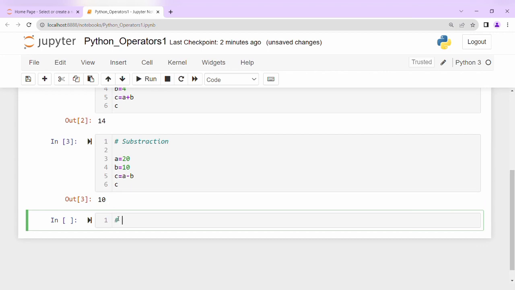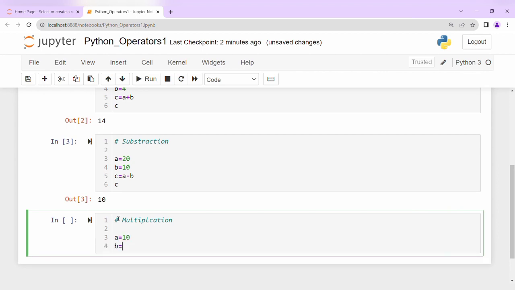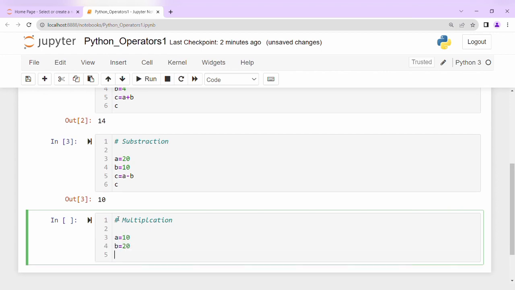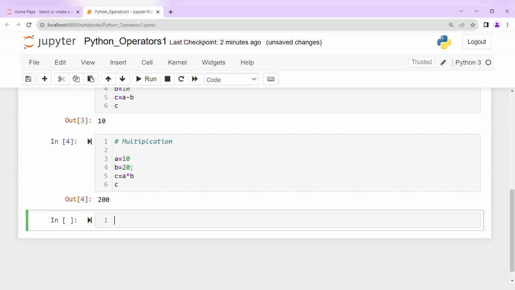Third one is multiplication. A is equal to 10, B is equal to 20, C is equal to A multiply with B and display value of C. So C is equal to 200.